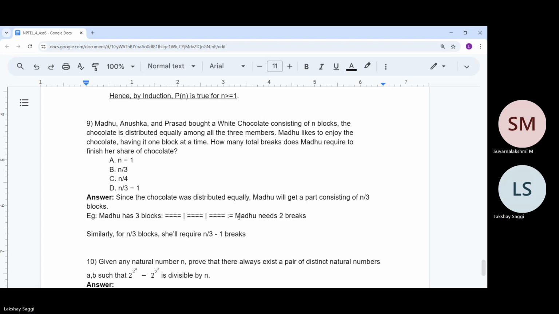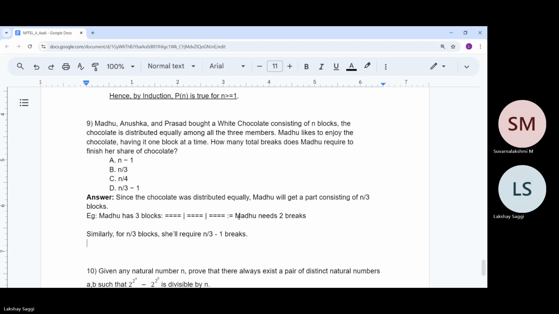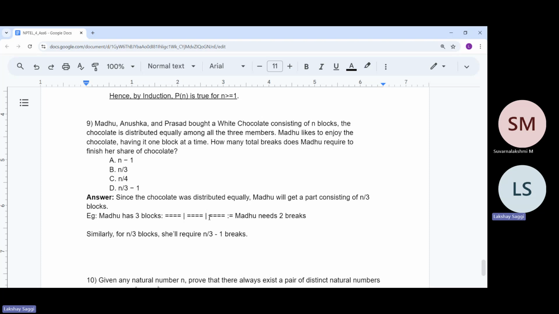And yeah, this is the answer. Hence, option D is correct. So a very trivial question, not too hard.